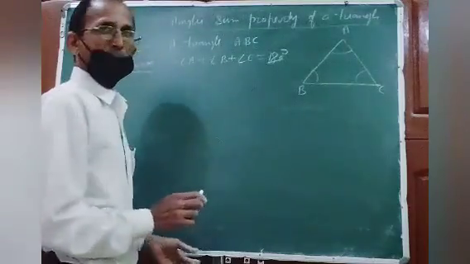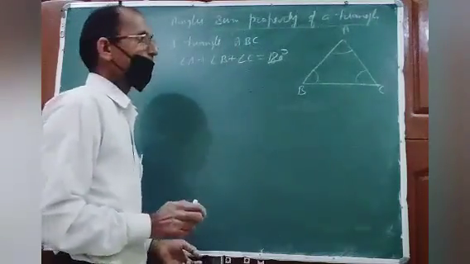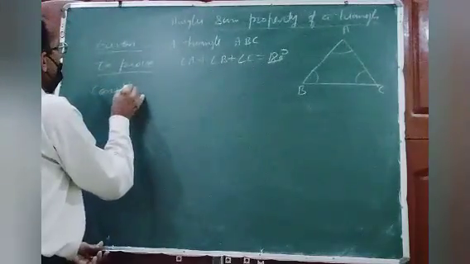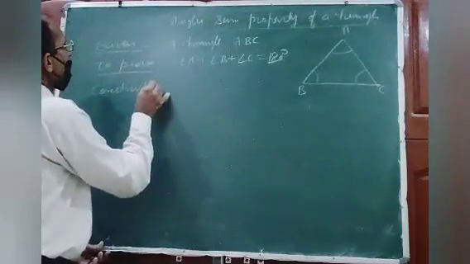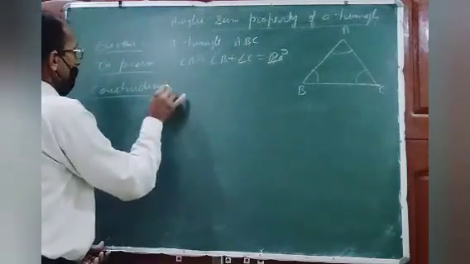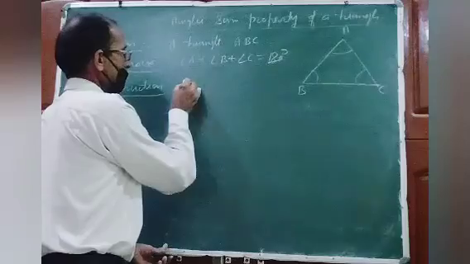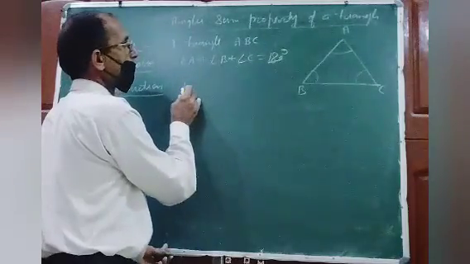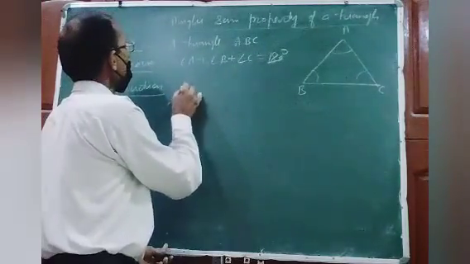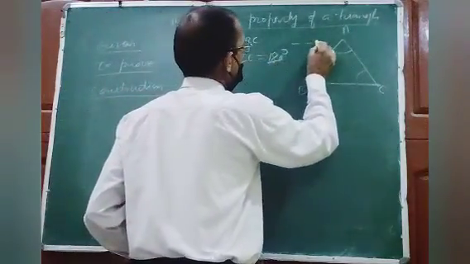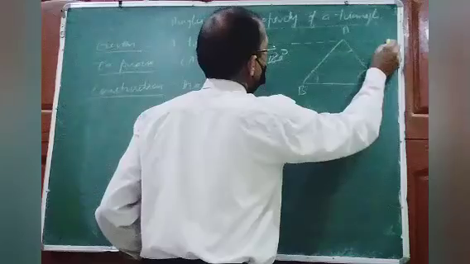So for this proof, we need a construction. Through A, construction will always be dotted.